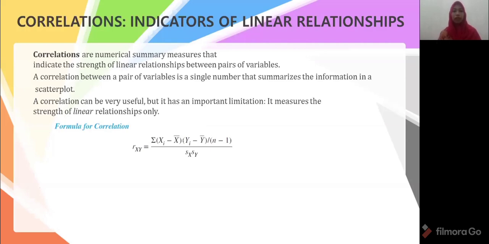Correlation, indicator of linear relationship. Correlations are numerical summary measures that indicate the strength of linear relationship between pairs of variables. A correlation between a pair of variables is a single number that summarizes the information in a scatter plot. A correlation can be very useful, but it has an important limitation. It measures the strength of linear relationship only.